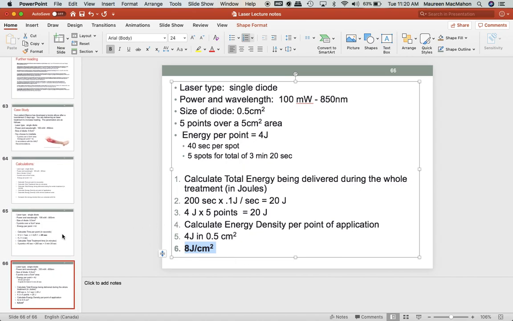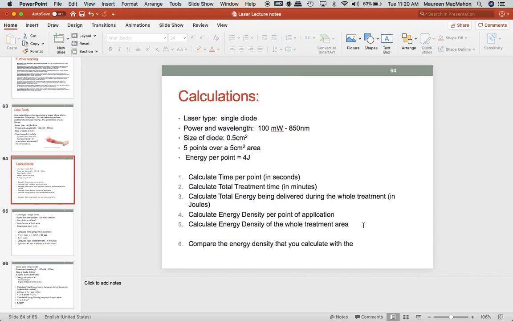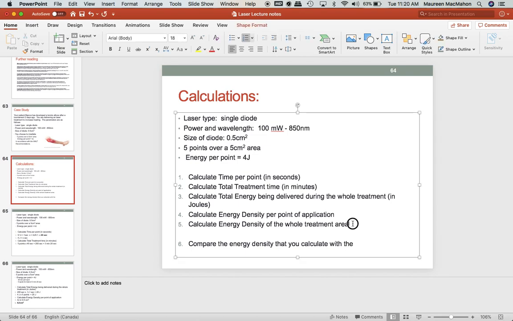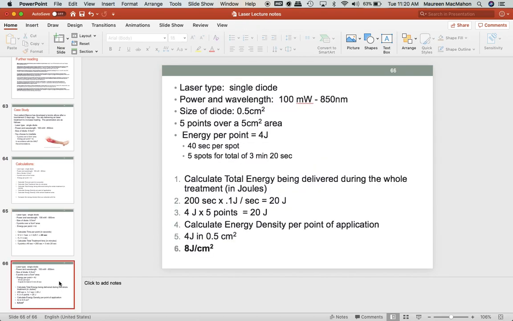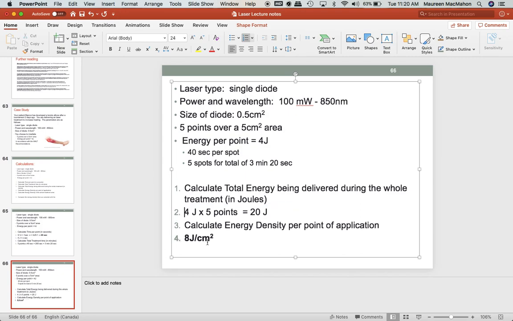The last question that we had, if we go up here, is energy density for the whole treatment area. Let's make some room for this here. Okay, energy density for the whole treatment.